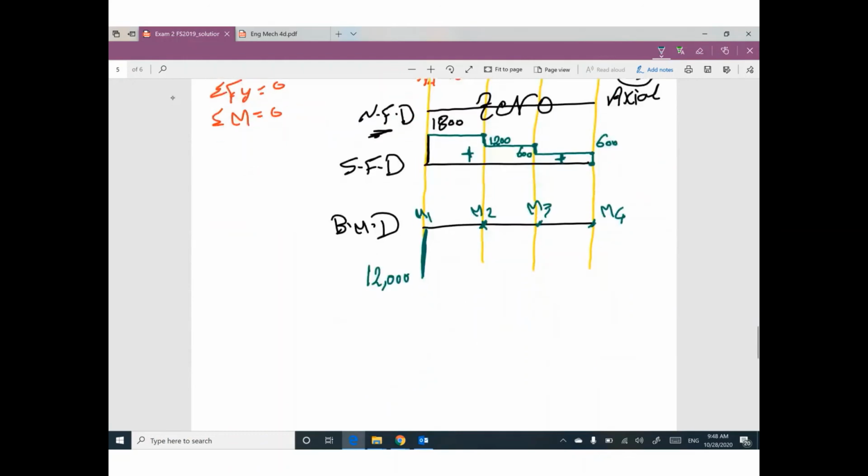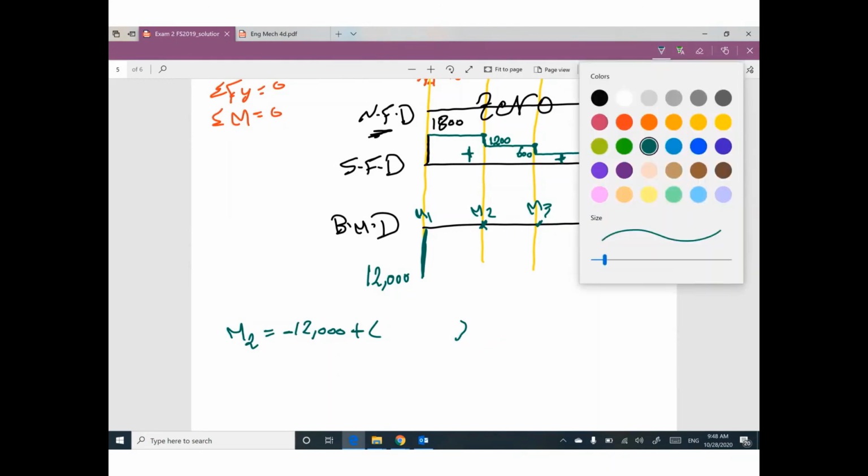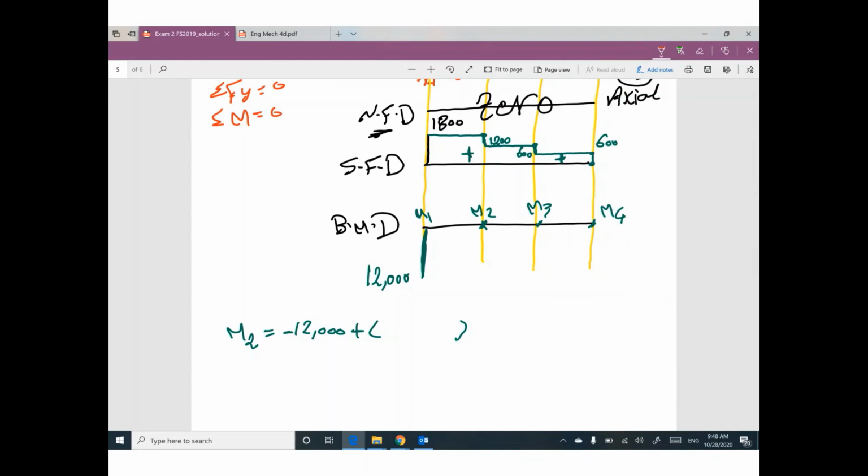M2 equals the previous value, M1, negative 12,000, plus the area of shear between the 2 points. Many students did it wrongly in the quiz. Guys, between 1 and 2, we have this rectangle, positive.